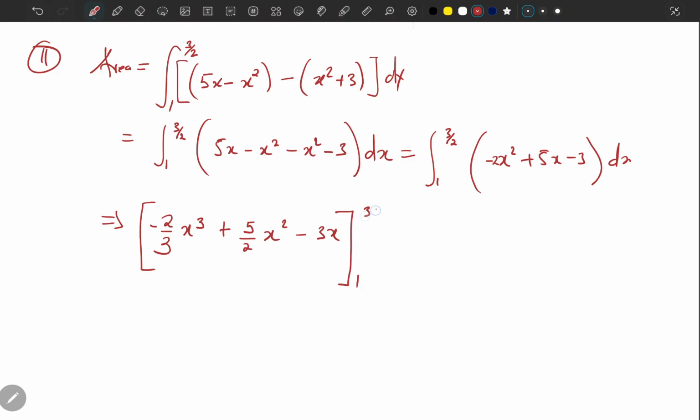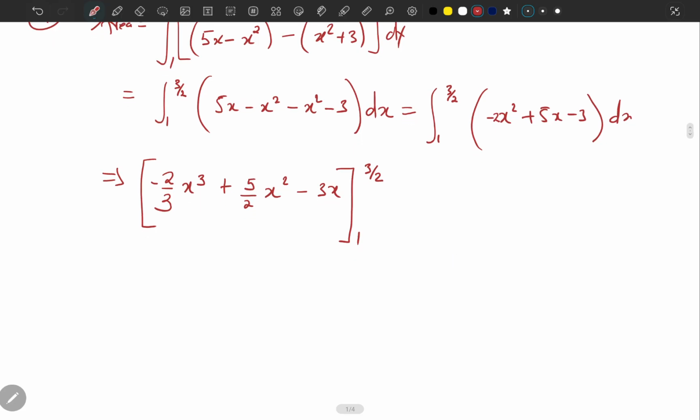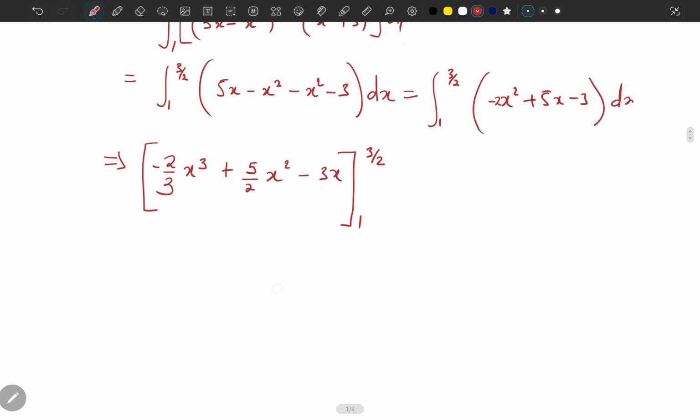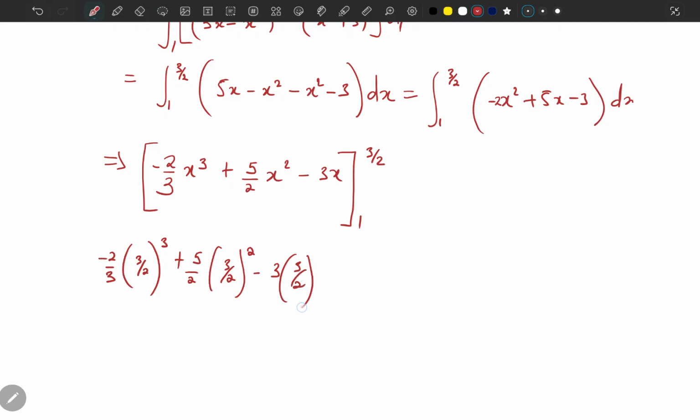Then this is from 1 to 3/2. You've integrated, right? Start substituting the upper limit and the lower limit. So step 1 is substitute 3/2, then cube it, 5/2, 3/2, square it, minus 3, 3/2. So this is just the first part.